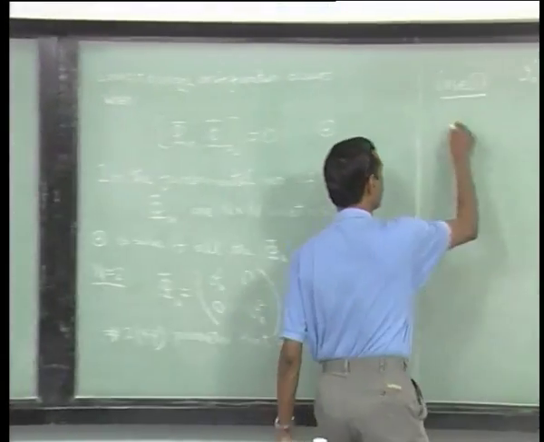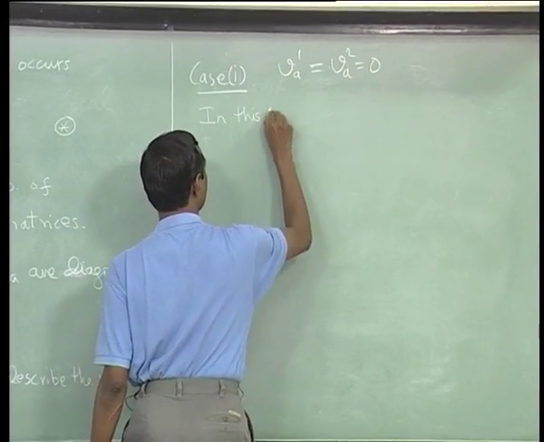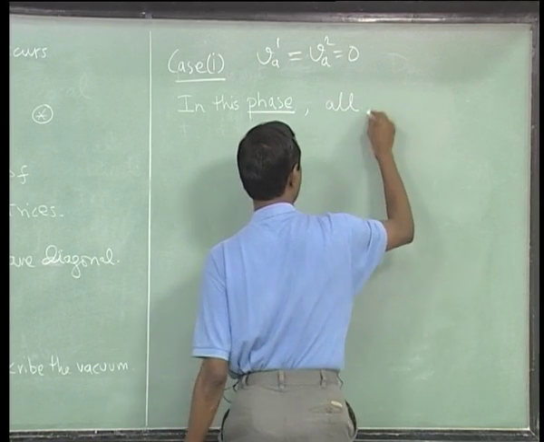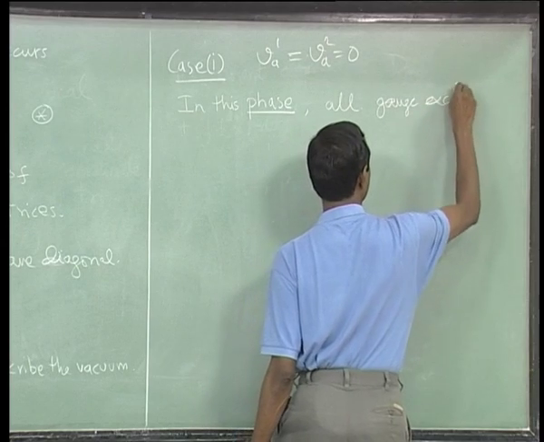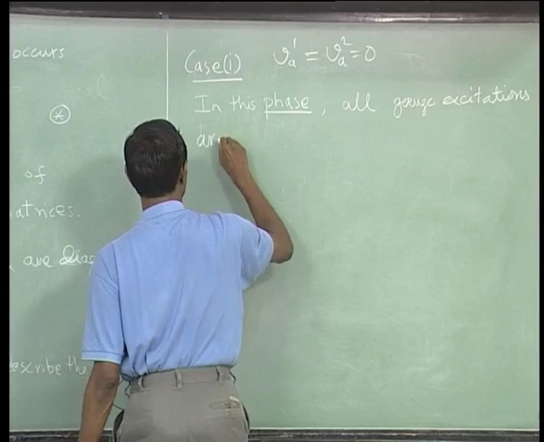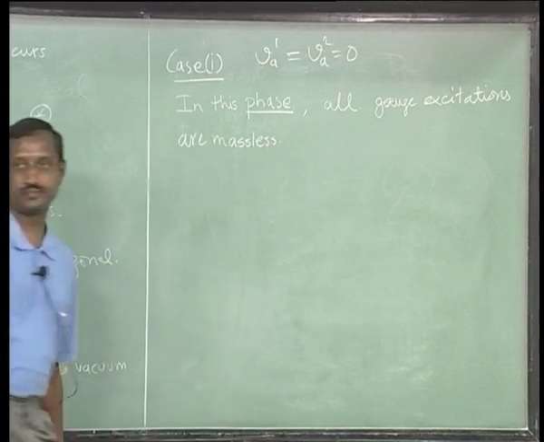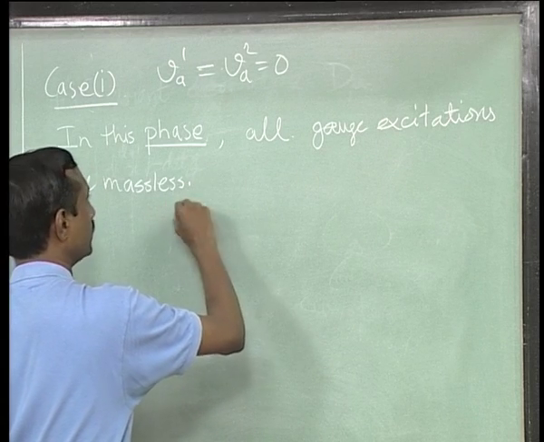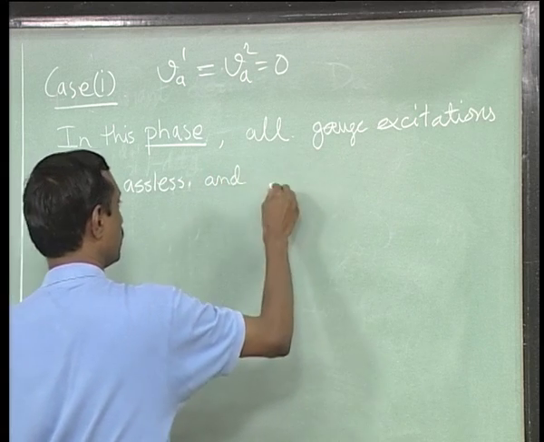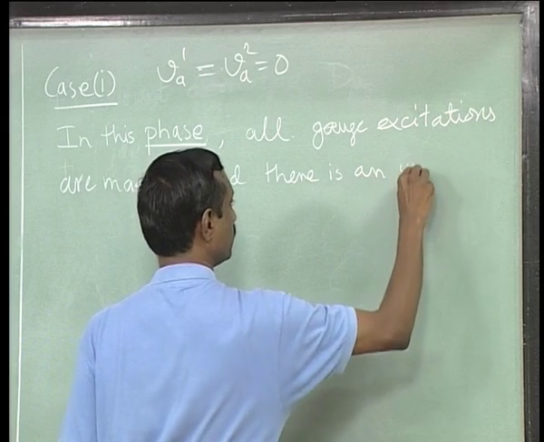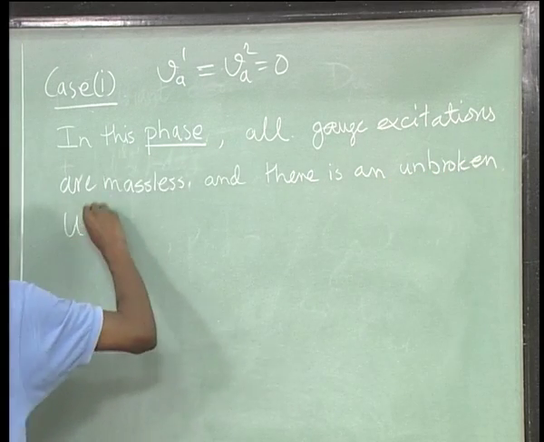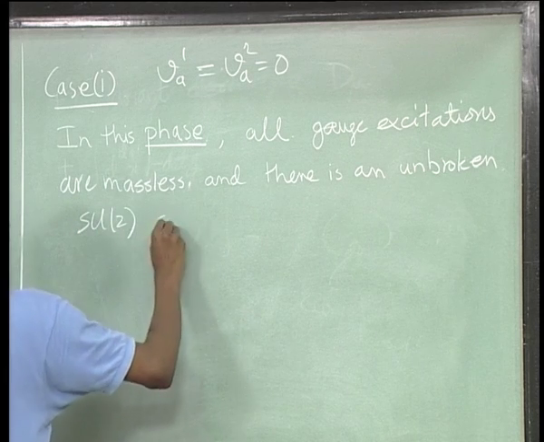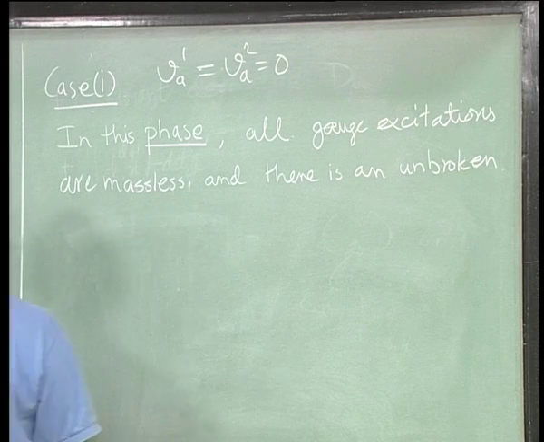In this phase, all gauge excitations are massless, and there is an unbroken U(2), or SU(2), symmetry. Let's call it U(2) only.